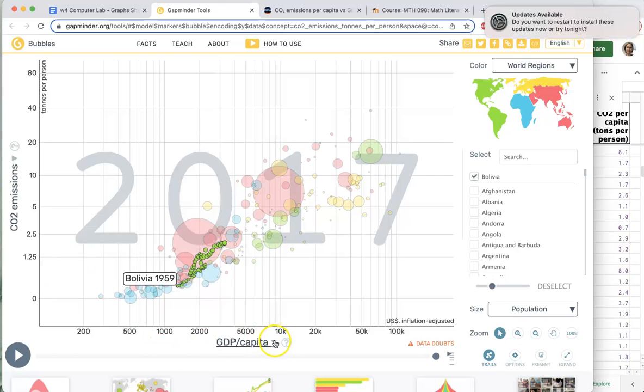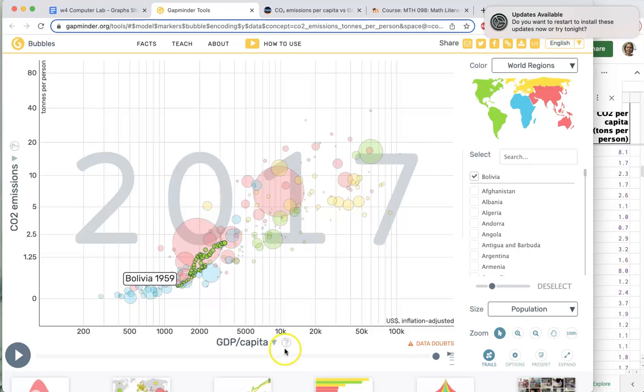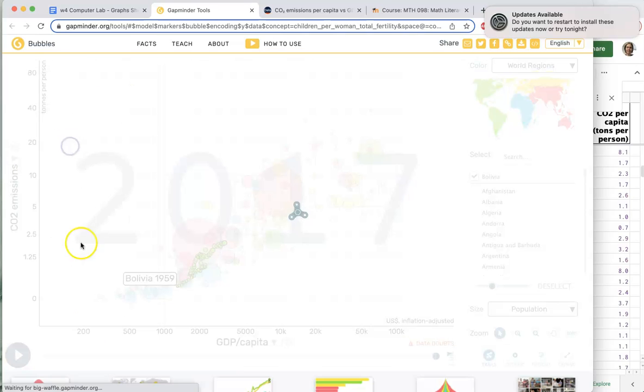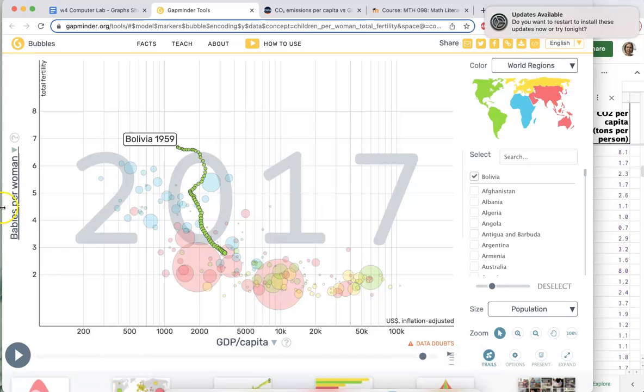Anyway, you can change the graphs that you explore here, and you could, instead of having GDP per capita, you could explore, oh, here's what we should do. Babies per woman. Babies per woman and GDP per capita. And here's Bolivia. And look at that fast downward change.